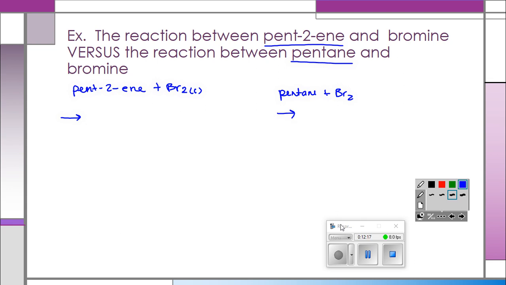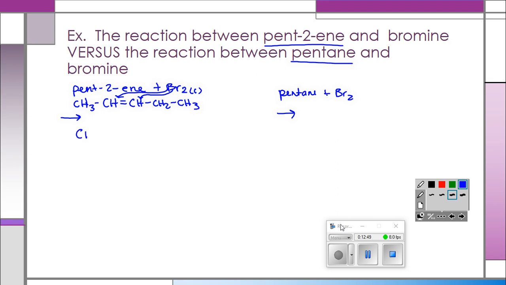Now if I have pent-2-ene, and I add bromine, if we draw it very briefly, that's pent-2-ene. I could add an atom of bromine to each carbon that was part of the double bond. So in the end, instead of having pent-2-ene and bromine, I'm only going to have one thing.